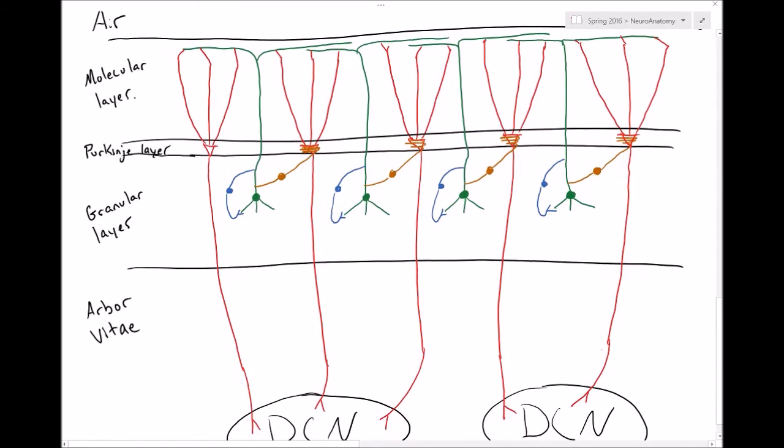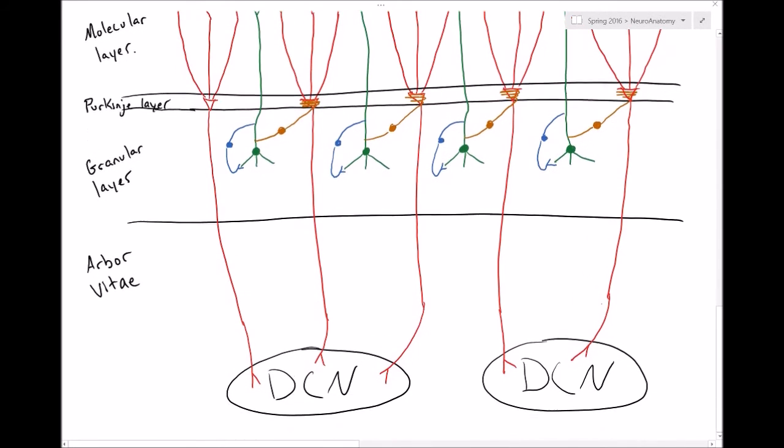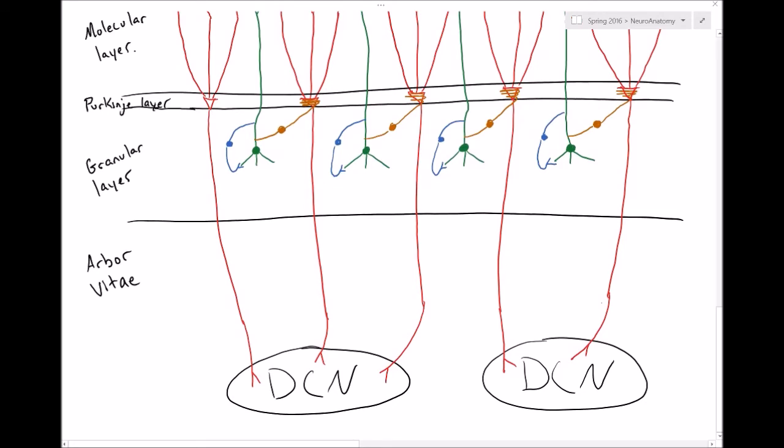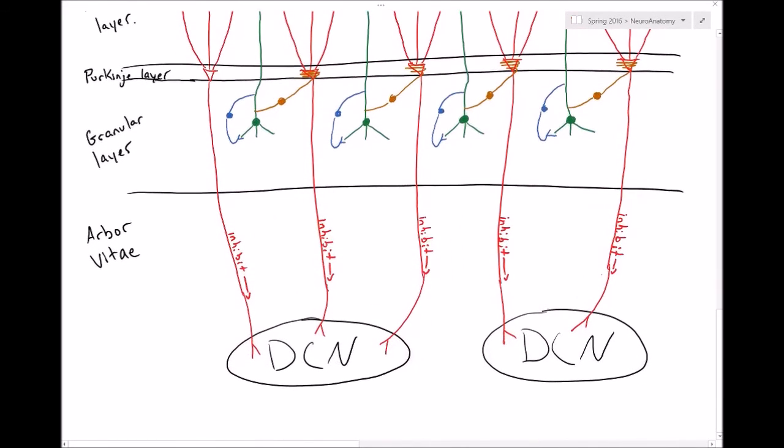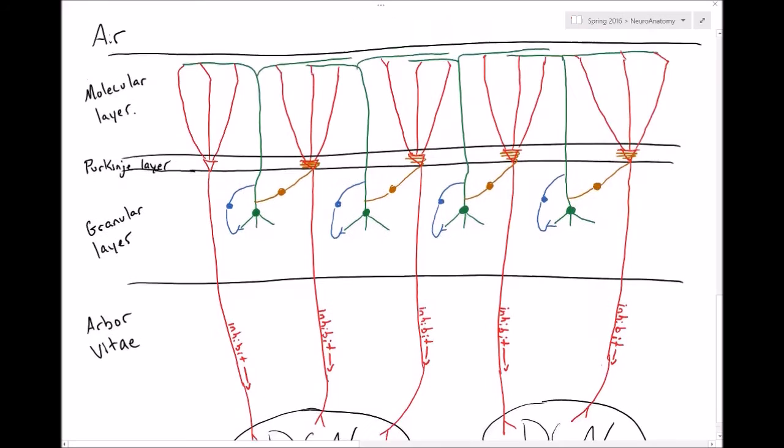Okay, so before we go on with this, the input to the system, let's review what's going on here. So, Purkinje cells are inhibitory. So, activating or exciting these Purkinje cells will cause the deep cerebellar nuclei to stop firing.